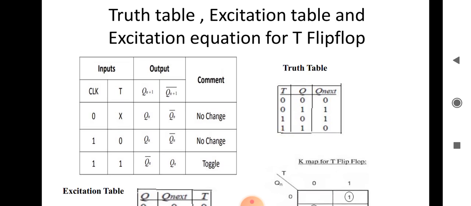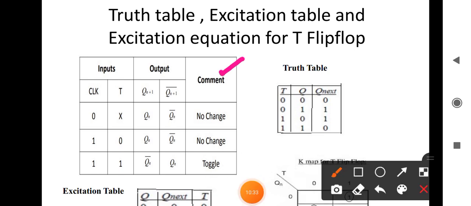Understanding the excitation table is very simple. First we need to understand the truth table that we have here. Next we just simplify this one: T, Q and Q next.